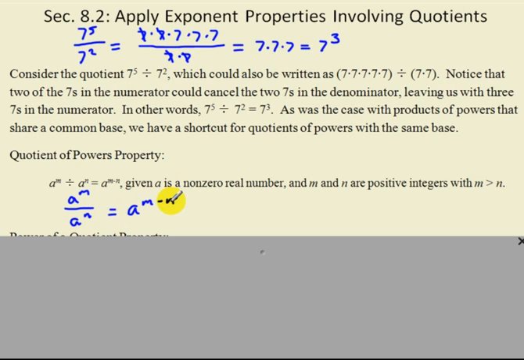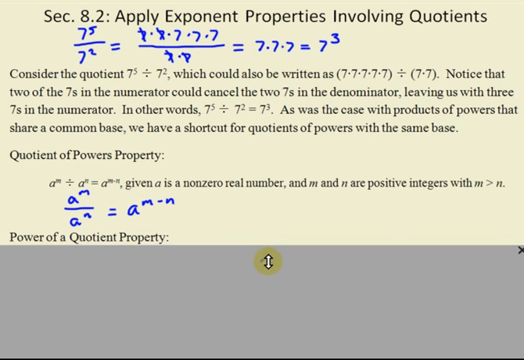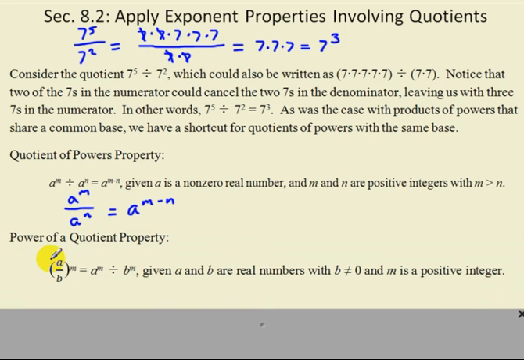So we're subtracting here. Notice that a cannot be 0 because we're dividing by a to the nth power. And for now, we're going to say that m and n are positive integers, and we would like m to be greater than n.